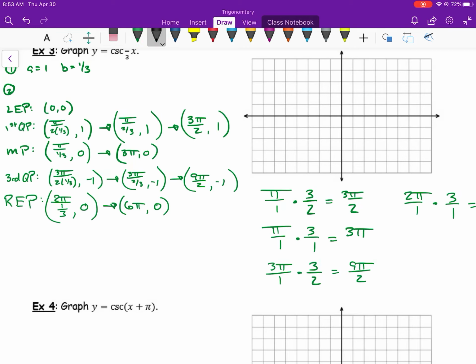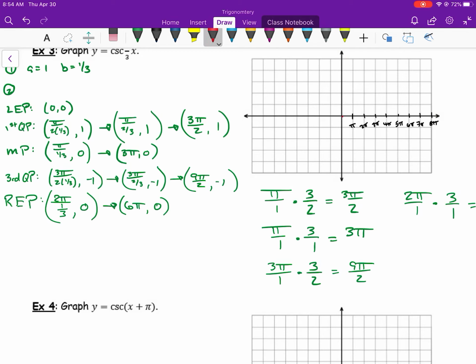I'm trying to figure out my scale. Maybe I could just go by pi's. That means in between is a half pi each time. 2 pi, 3 pi, 4 pi, 5 pi, 6 pi, 7 pi, 8 pi.